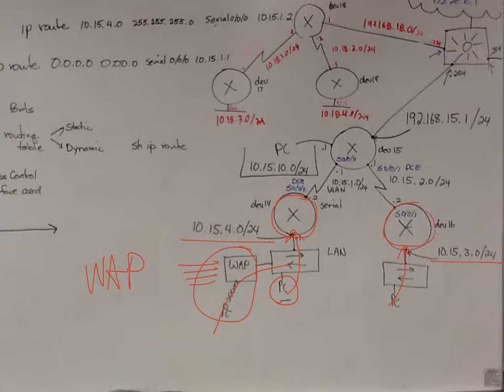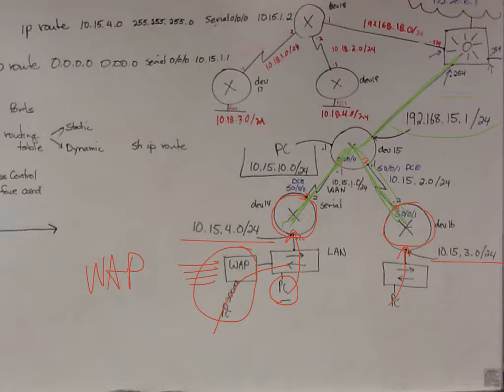So we started here. Then we configured these WAN connections, okay, so that these routers could communicate. So this router could communicate here, and this one could here. So we could ping across here. And then our next step was up to here.